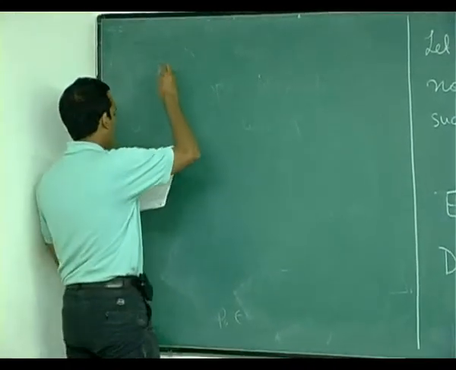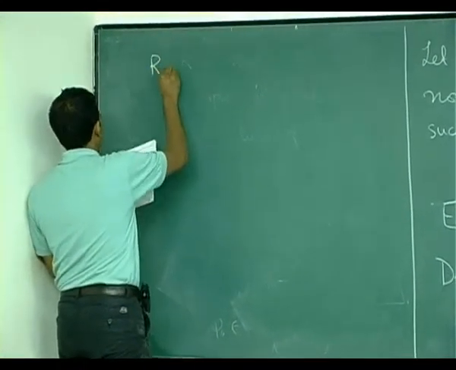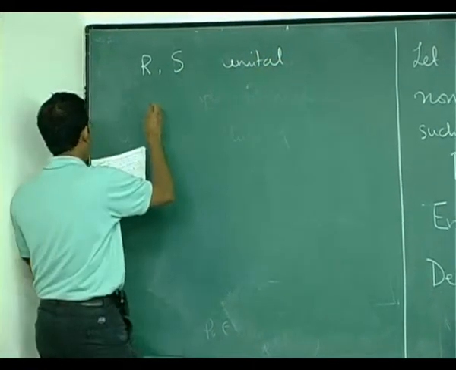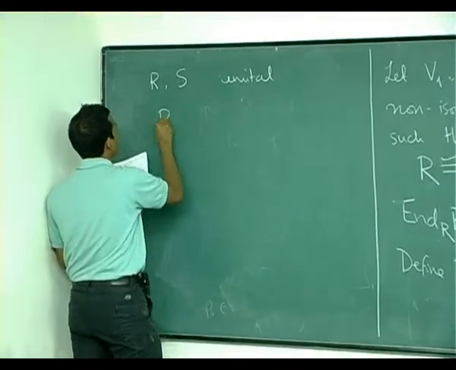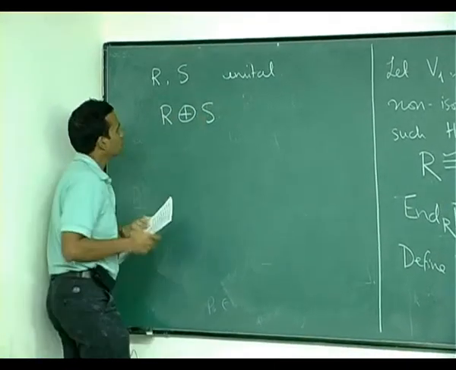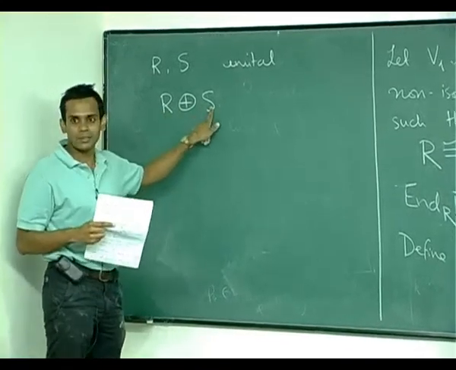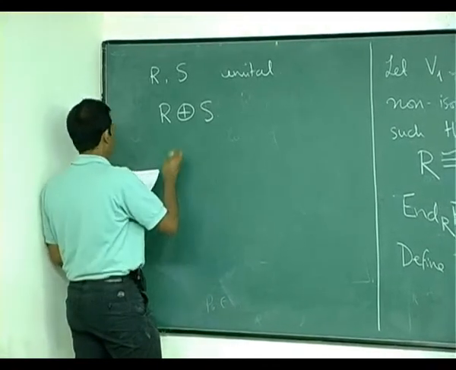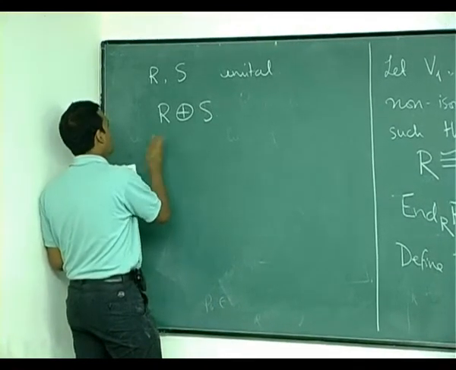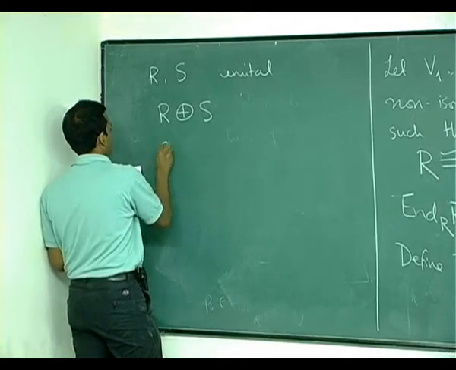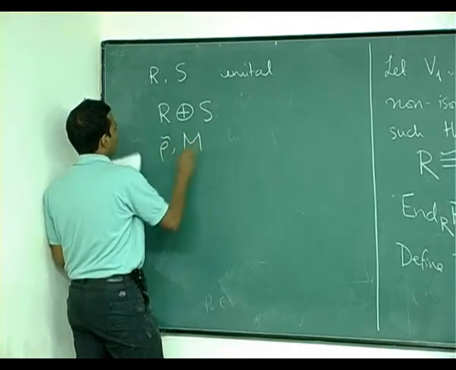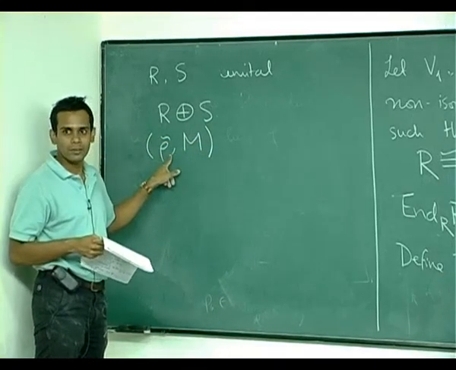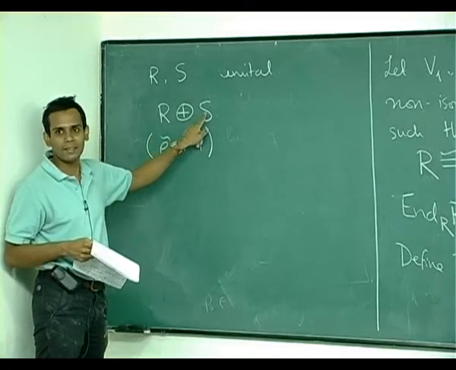So suppose you have two unital algebras R and S, and you can form the algebra R direct sum S. Its unit will be the unit of R plus the unit of S. If rho tilde is an R direct sum S module structure on M, then from this you can construct an R module and an S module.